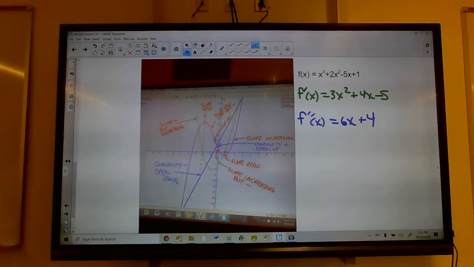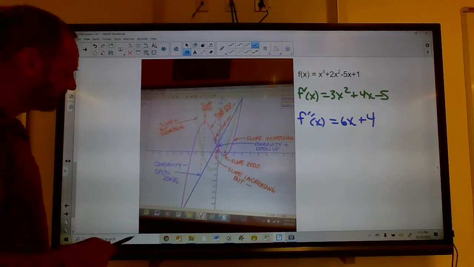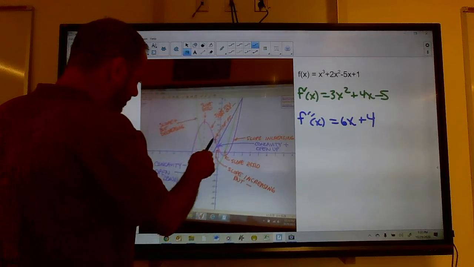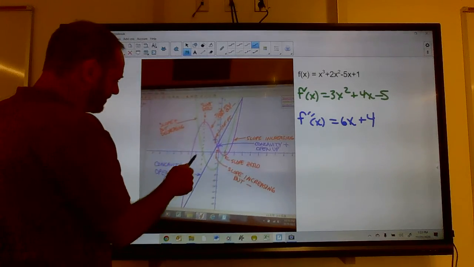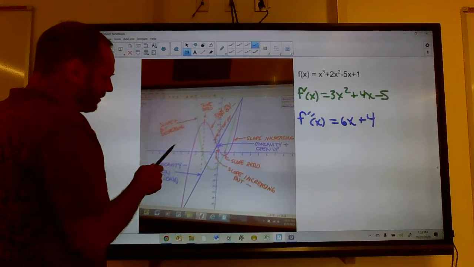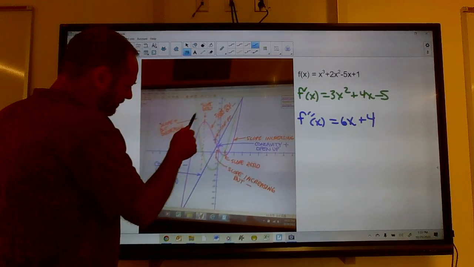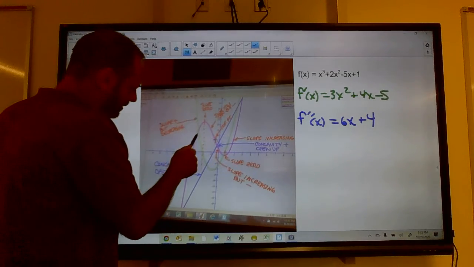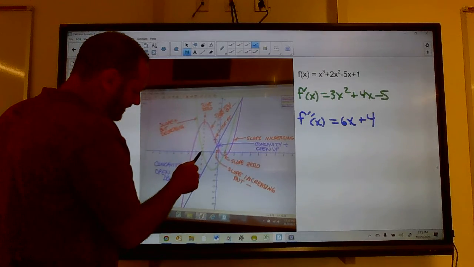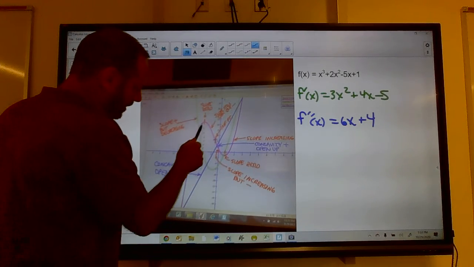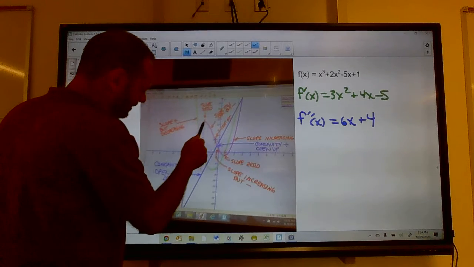Okay, so if you look at this stuff, it tells you what's going on. Remember, here's my original equation, and the green tells me the slope. So the slope is positive up here, but it's getting smaller until it reaches a slope that's 0 right here. Oh, look at that. The slope is 0 right there.